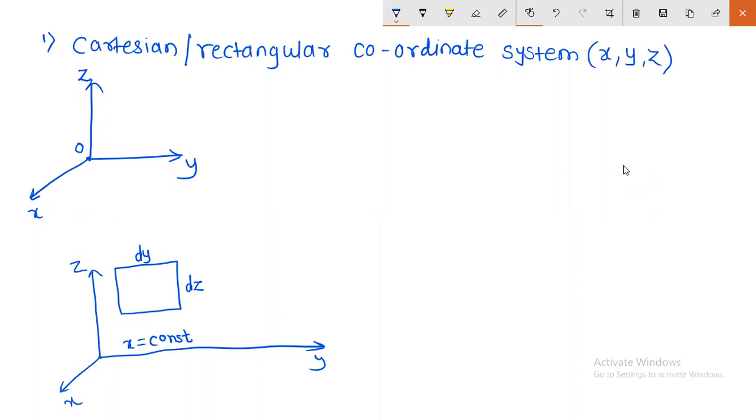Similarly, if we take y is equal to constant, then your x and z terms will be present. Your x-axis is in this direction, and z is vertical here.